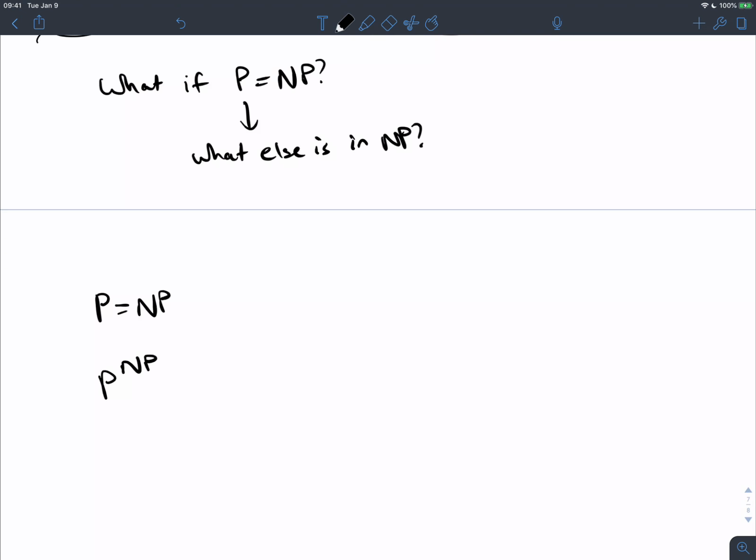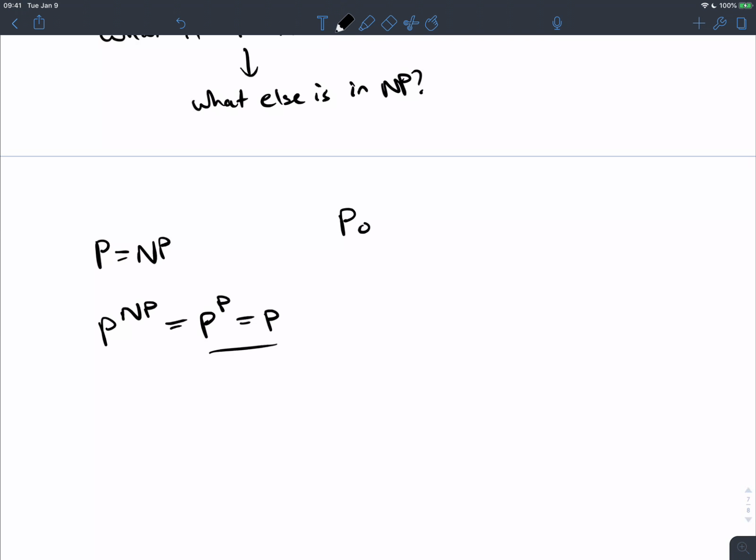Well, if P equals NP, then this is equal to P to the P, which was equal to P by the problem set. The first equality is because of the assumption, P equals NP. It seems like we can build this hierarchy as high as we want. But if P is not equal to NP, then with this additional power of putting NP into the exponent, maybe we can get additional power out of that. What this is called is the polynomial hierarchy.